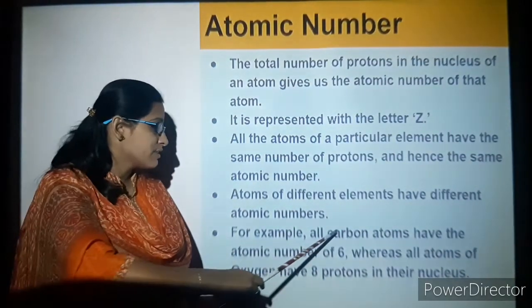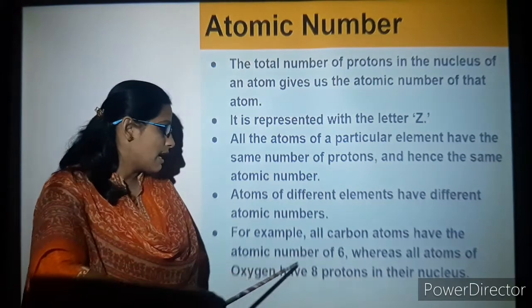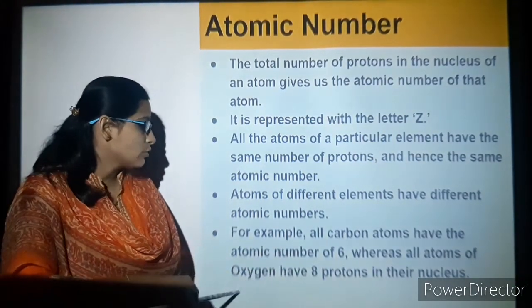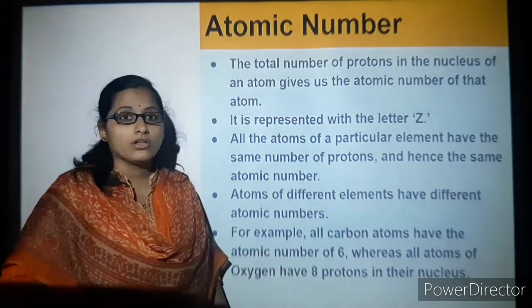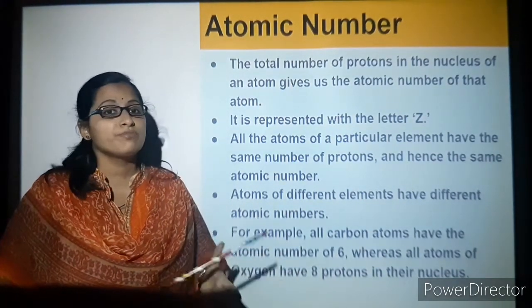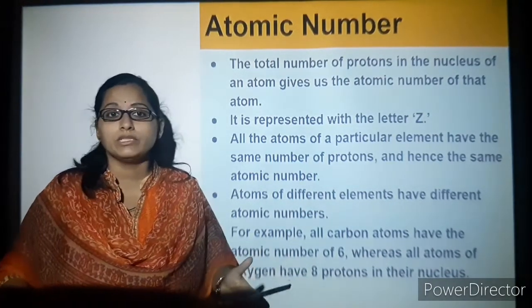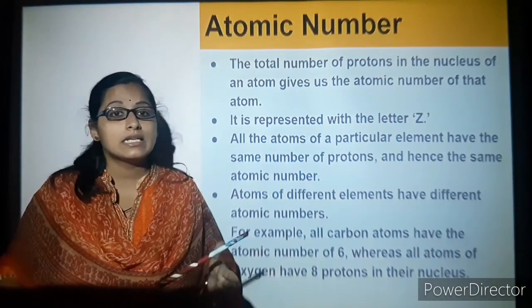So you can see the difference: carbon has atomic number 6 and oxygen has atomic number 8, because the number of protons of oxygen is 8 and the number of protons of carbon present in the nucleus is 6.